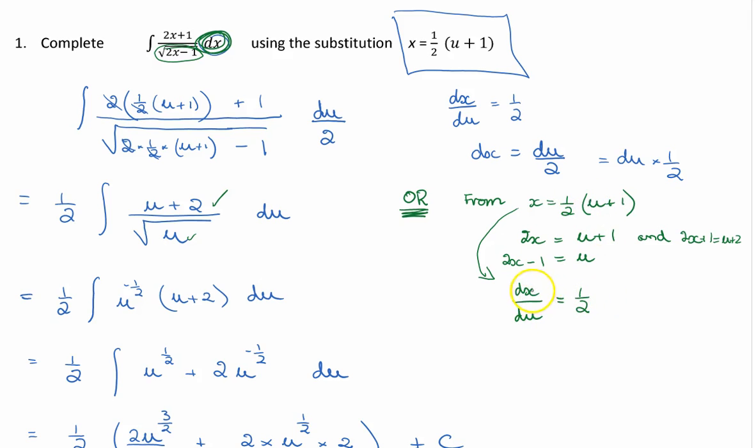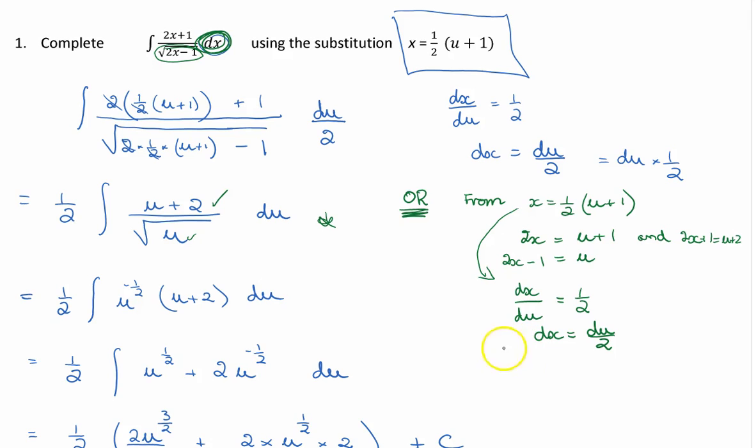But I want an expression for dx. Multiply both sides by 2, so dx is equal to du on 2. So replace dx with du on 2, take the half out, and you get back to this line here.